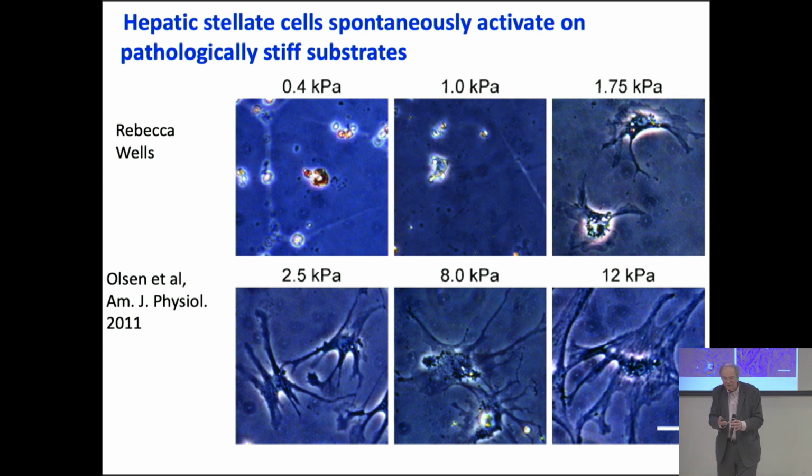The only thing that's different is how much elastic resistance they feel on the bottom. The cells become fantastically bigger, and they convert their phenotype into the same kind of dangerous phenotype that happens during liver fibrosis, and that presumably gives you a risk of developing cancer.